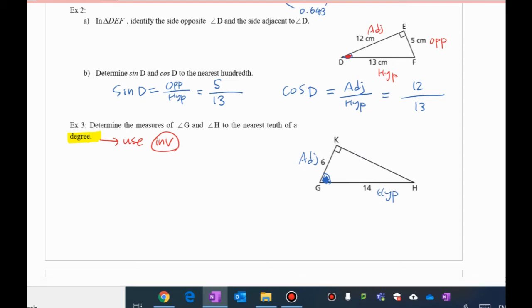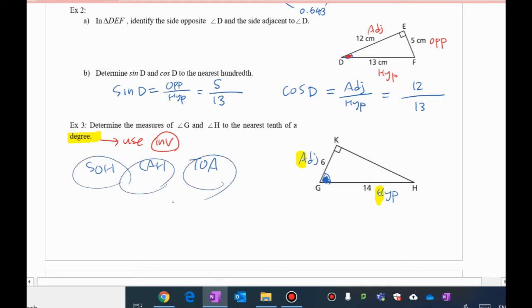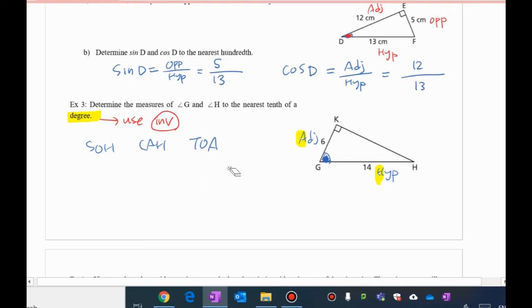We're only going to use A and H, adjacent and hypotenuse. Then what ratio should we use? So when you have SOH CAH TOA, which one? Use A and H. CAH is using A and H, right? So we're going to use cosine.